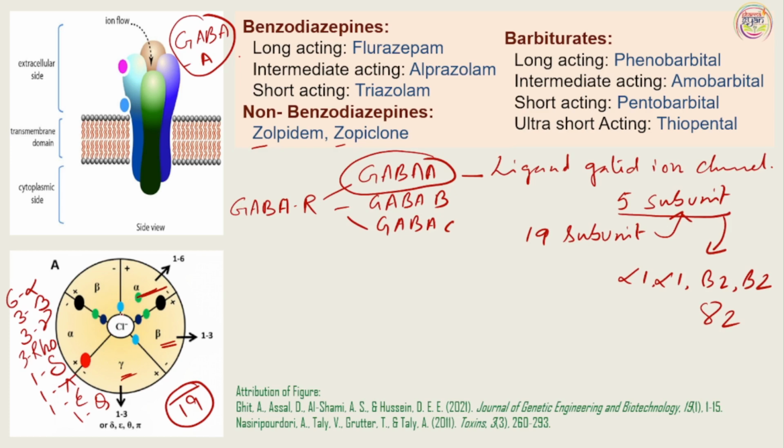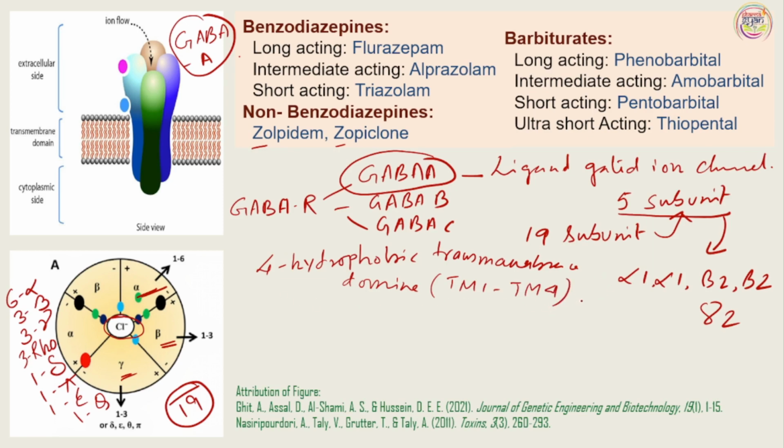Though composed of 5 subunits, each subunit consists of 4 hydrophobic transmembrane domains, TM1 to TM4.